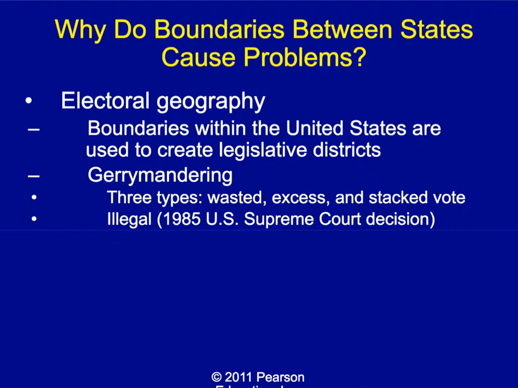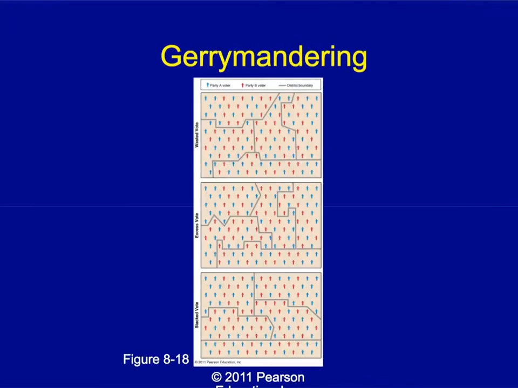Excess vote concentrates opposition supporters into a few districts so that they can carry those districts, but they won't carry the whole region. Stacked vote links distant areas of like-minded voters through oddly shaped boundaries. And it's very interesting. If you look on page 256, you can see some examples of these.